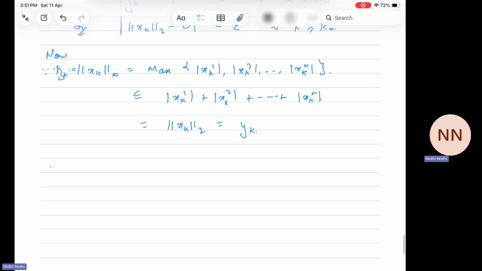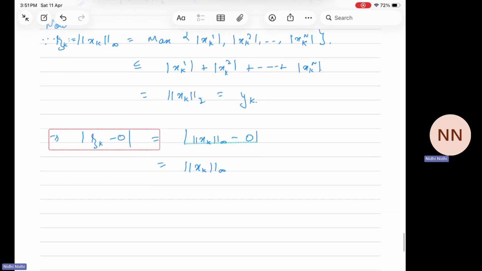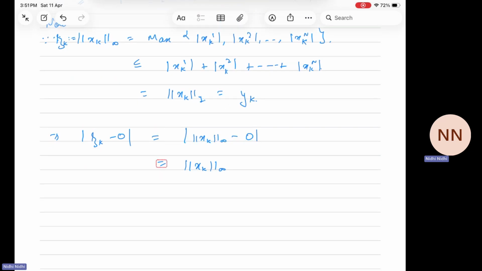That means mod zk minus 0 is equal to the sup norm of xk, because it's positive and this modulus need not affect anything. Now this is less than or equal to yk.